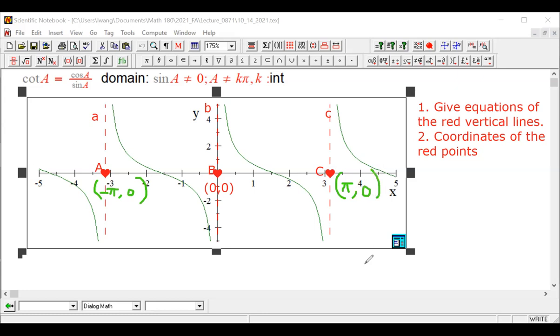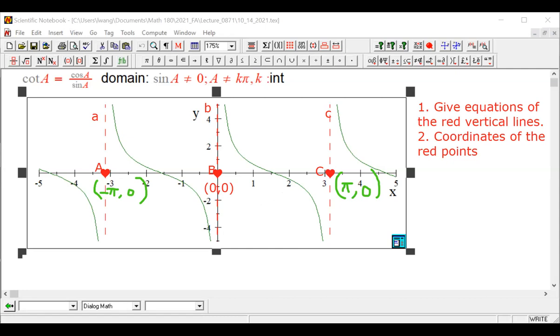Wonderful. And Hazel says lowercase a equals negative pi, b equals 0, c equals pi.